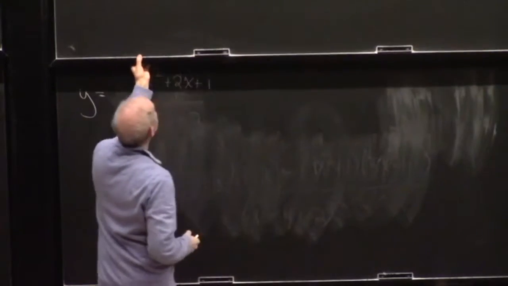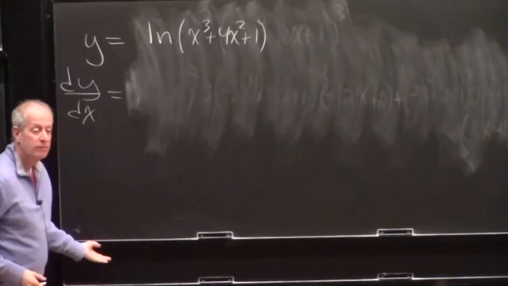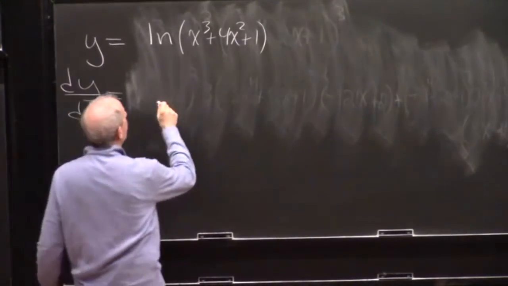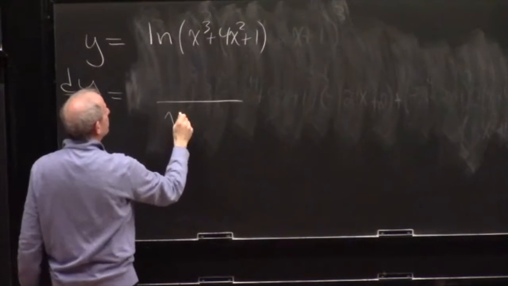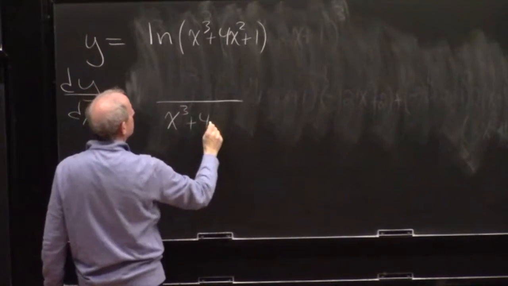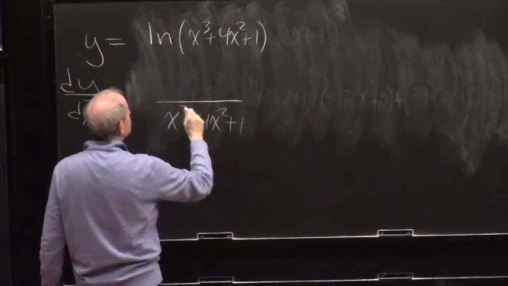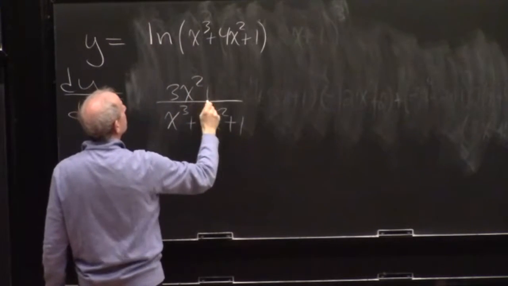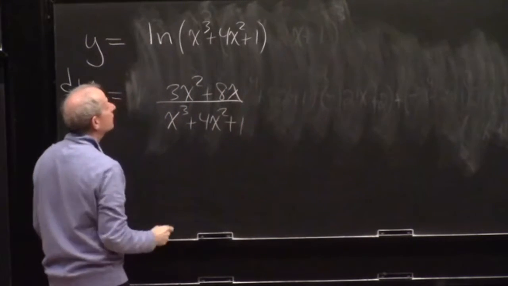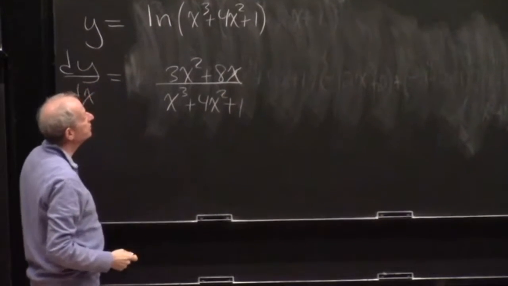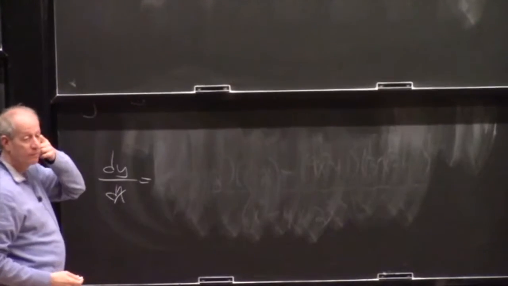Relatively simple. Okay, how do you do the derivative of a log? You write a fraction bar. The function goes in the denominator because it's 1 over that, and the derivative goes up top. That's all you have to do.